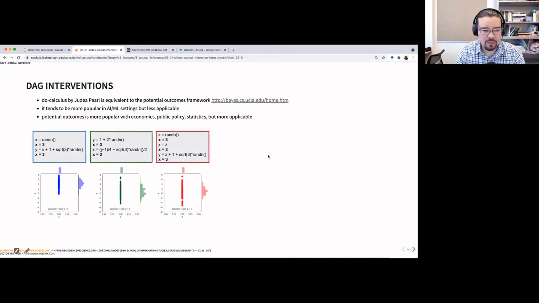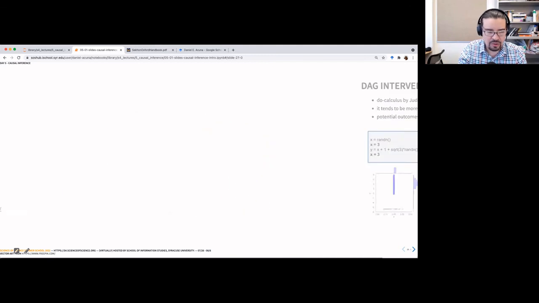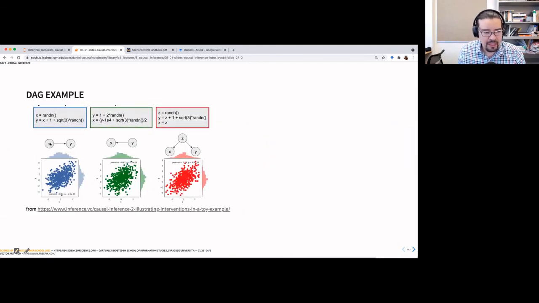If we jump to the world of Judea Pearl and his do-calculus, I think it's very intuitive to think about what will happen in the world through interventions. What will happen if we intervene in a causal graph? Let's fix the value of X here, and see the effect on the graph.